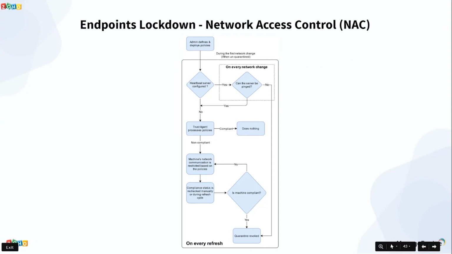So this is available as a free add-on. You can request our team if you need that. At the same time, this will be checked on each and every refresh cycle. So if the machine is not compliant at one point in time, and on the next refresh cycle it becomes compliant, then the quarantine will be revoked, and the machine will be allowed to access the network resources.